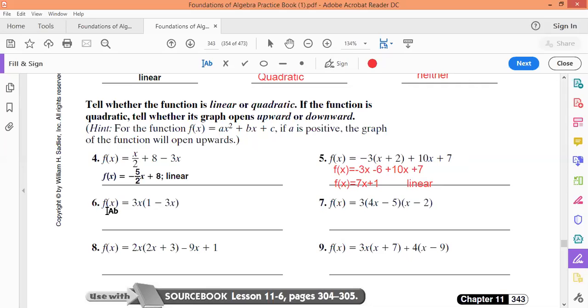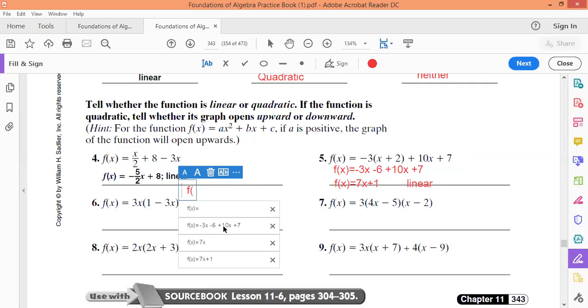Question number 6. How to solve? Again, here you will multiply 3x with 1 and 3x with 3x. Who will tell me how to do? Abdulaziz. Equals multiply 3x with 1.